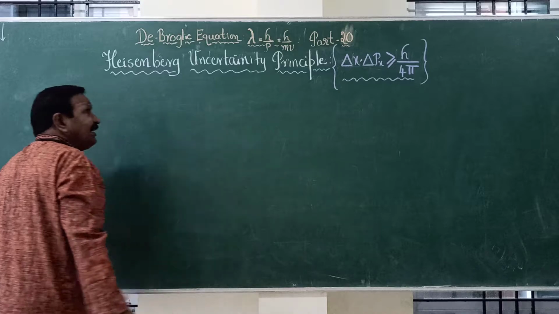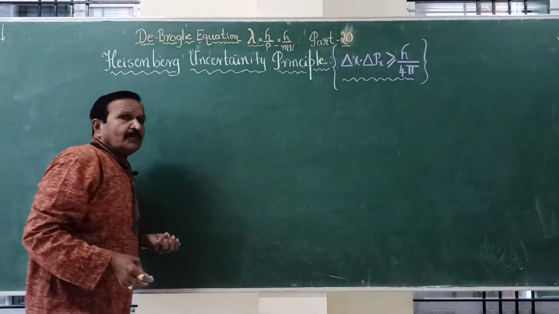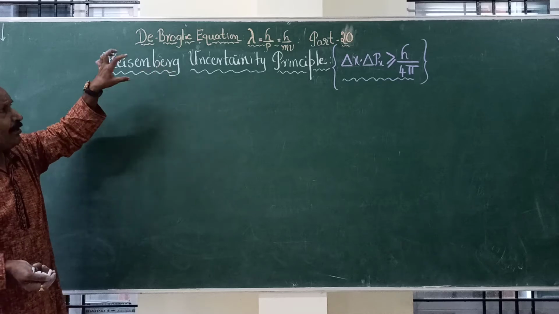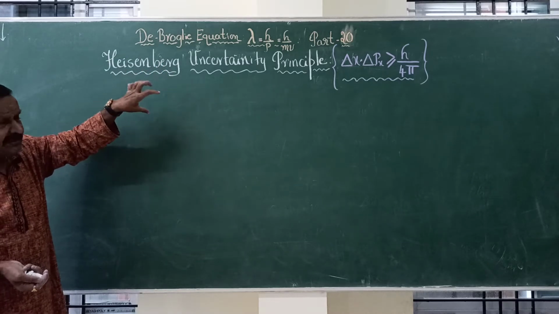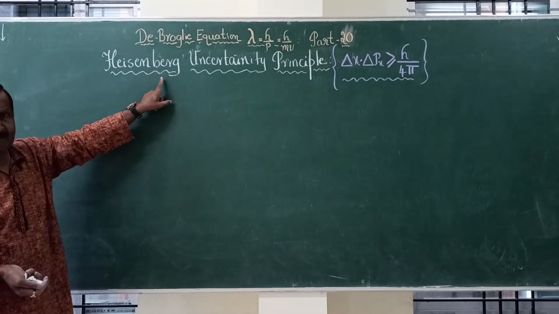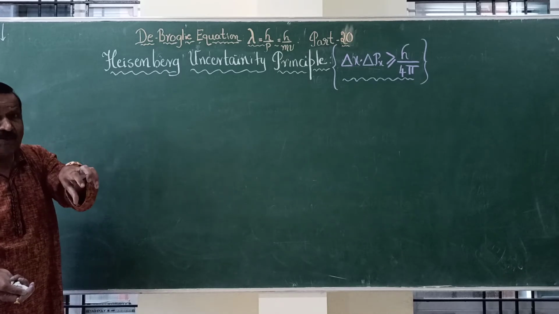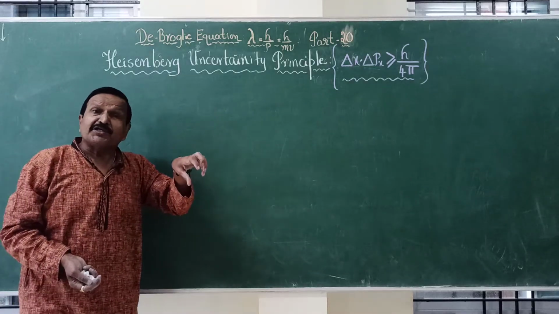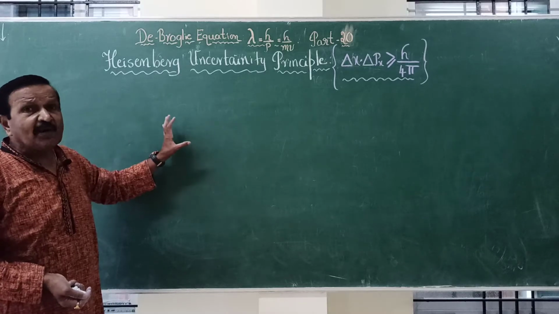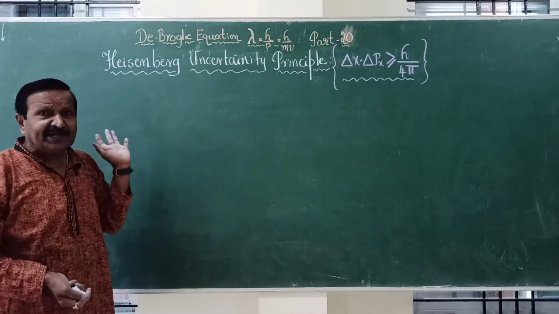So what was his statement? His statement was that we cannot find two things at the same time. That means if you want to know the exact position of a substance, it should not be moving. Suppose you want to study a bus properly: if the bus is standing without moving, we can study A to Z about it.